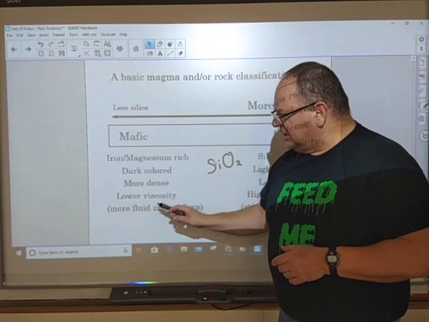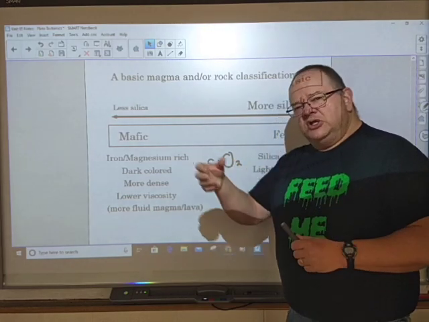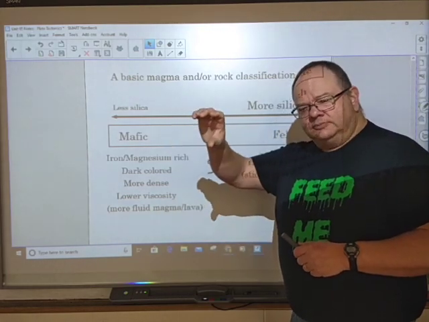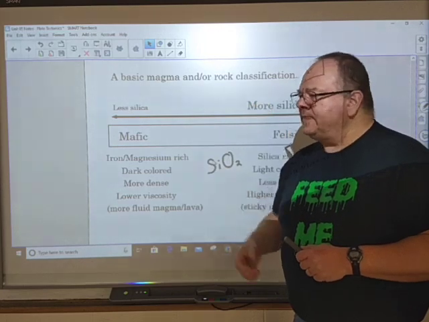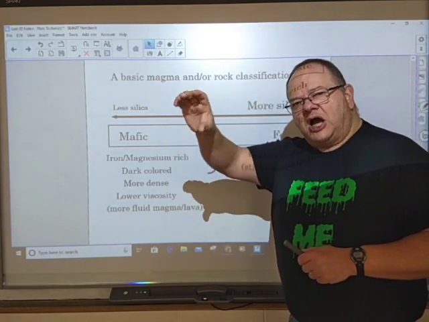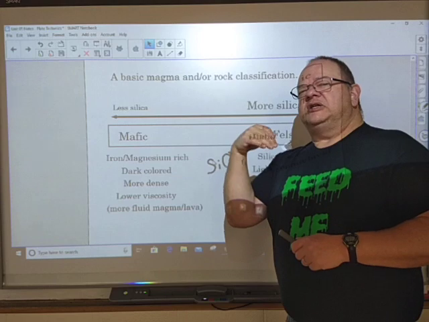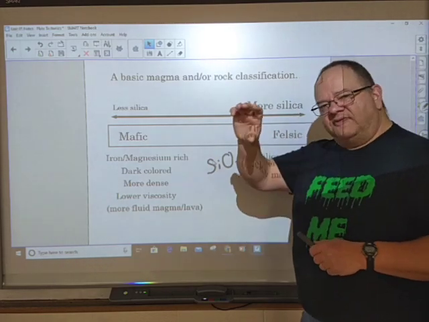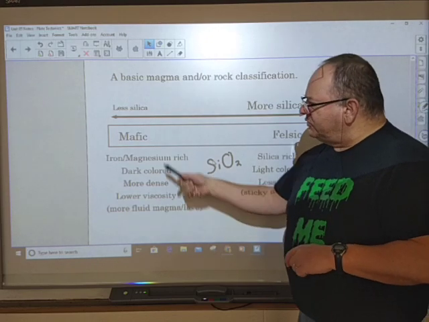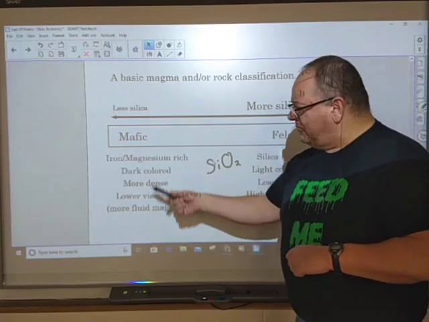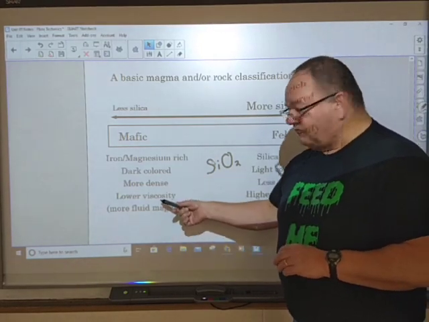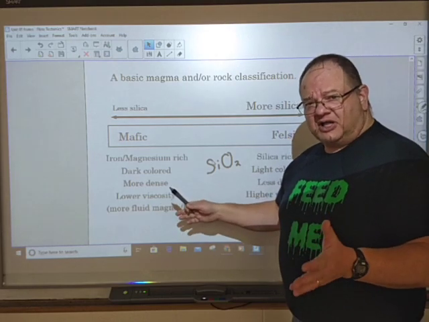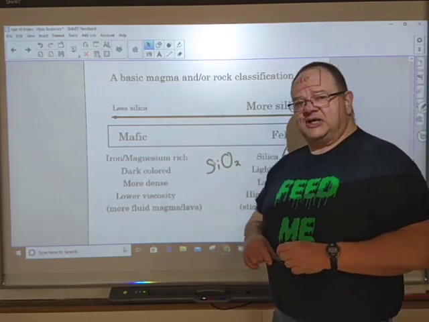Viscosity is resistance to flow. Imagine you pour a glass of water, picture what that looks like, and then imagine you pour out a jar of honey. The honey is much more viscous, it has a higher viscosity, and it doesn't flow as easy. What we're saying is mafic lava or mafic magma would flow fairly easy as far as lava goes. It has a lower viscosity.